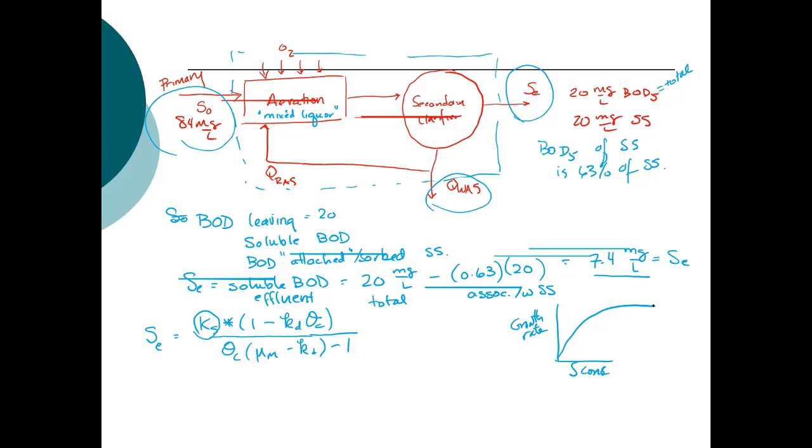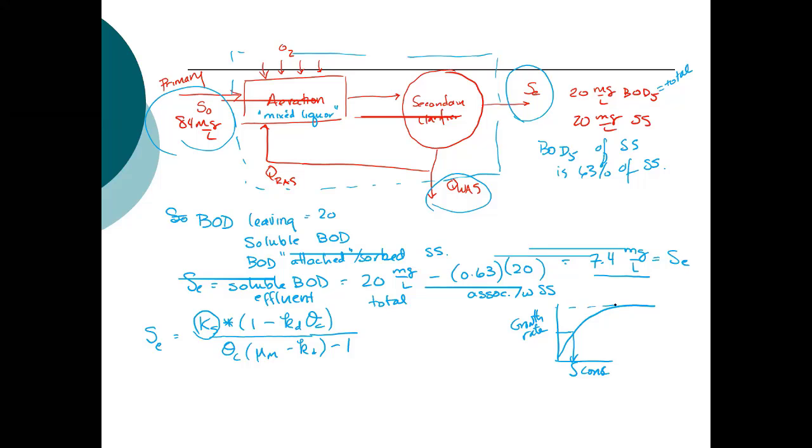And so the half saturation constant is that concentration associated with half the maximum growth. This mu sub m is the maximum specific growth rate constant. K sub d is an endogenous decay constant, related to the rate at which the microorganisms are dying. And then we'll use it later, Y is a yield coefficient. Y isn't in this equation here.